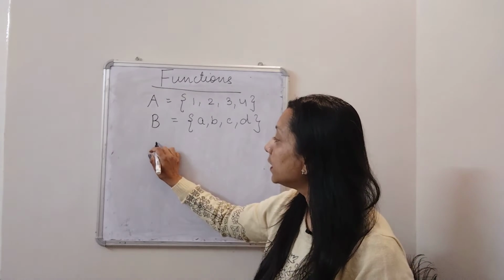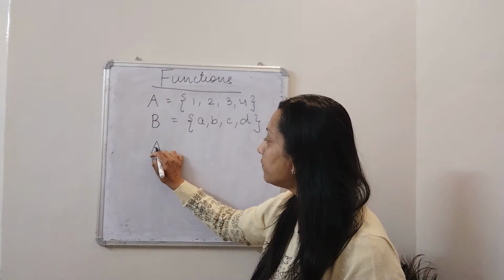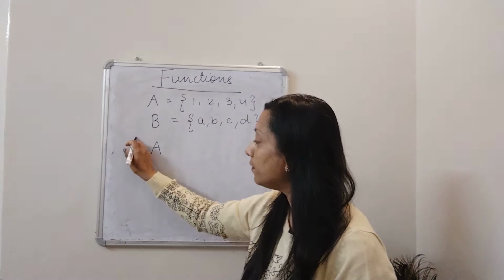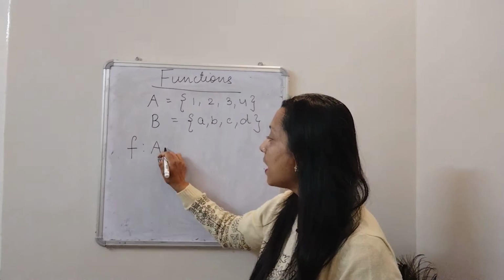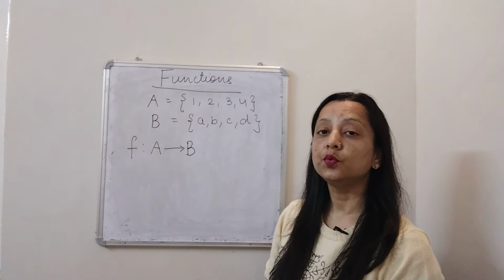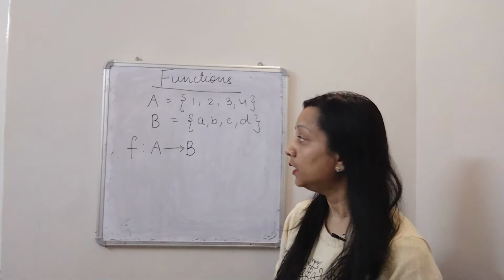So if f is a function from set A into set B, I will denote it like this. F is a function that goes from set A into set B, right?